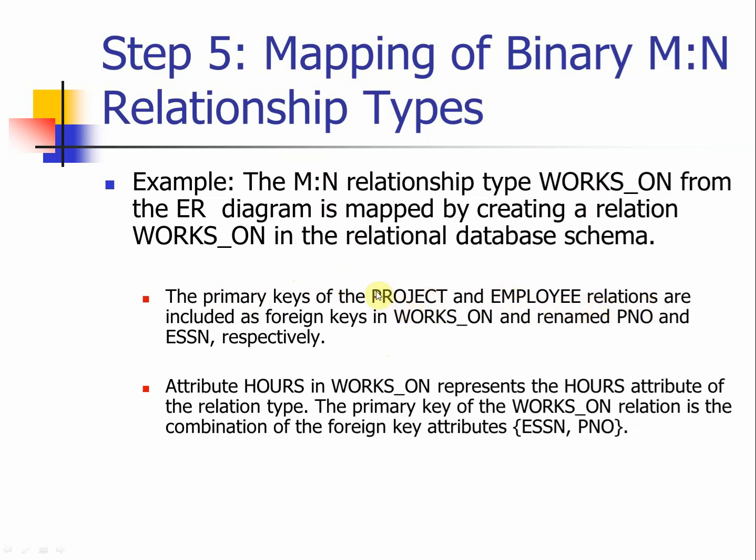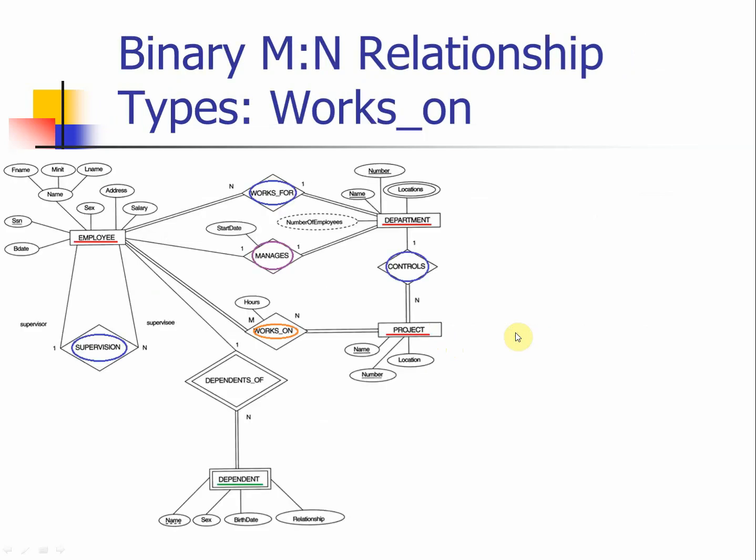So we need to take the primary key of the project and the primary key of the employee, which form the foreign keys that connect the project and the employee for us, and the primary key of the new relation that we created would be the composite of the primary key of project and the primary key of the employee. Let's take a look at that.